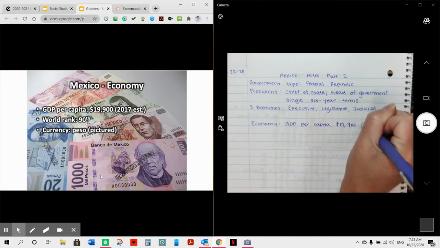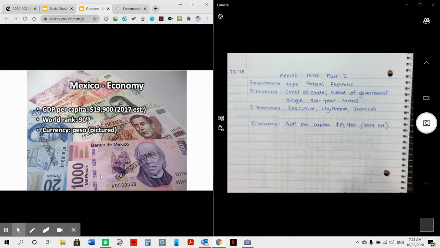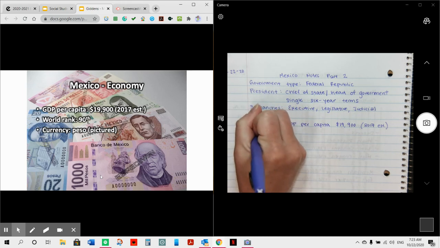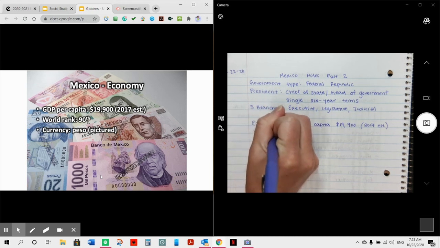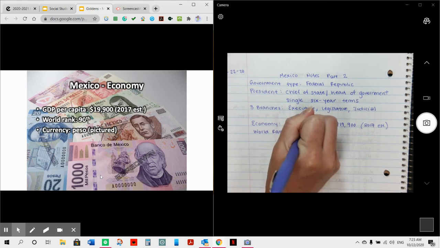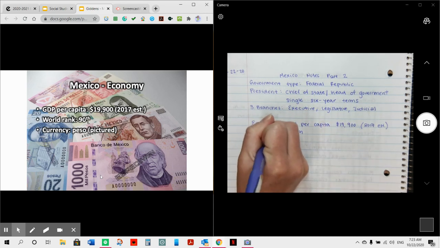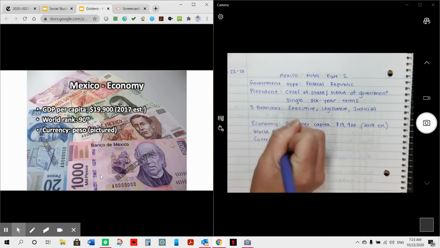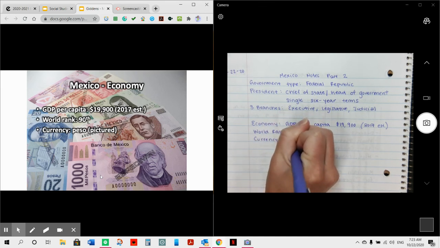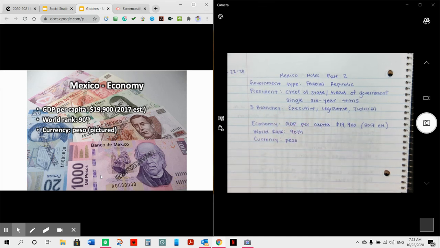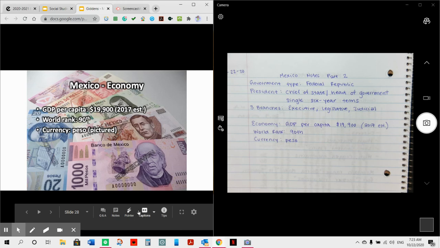And I'm going to say 2017 estimate. So world rank is going to be 90th. Currency is going to be peso. And for anyone who's been to Mexico or has visited there, or maybe even lived there, you have seen the peso. This is their currency, their money.